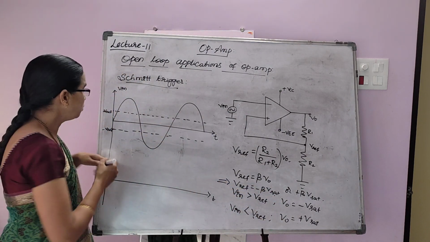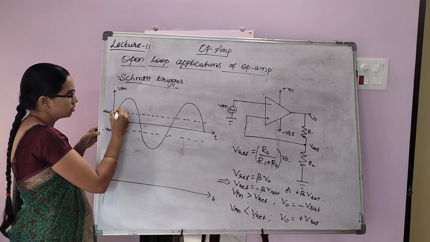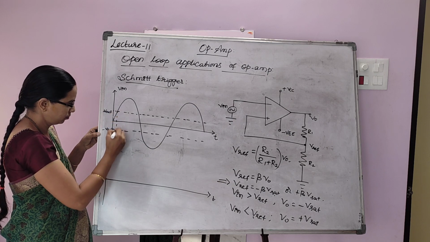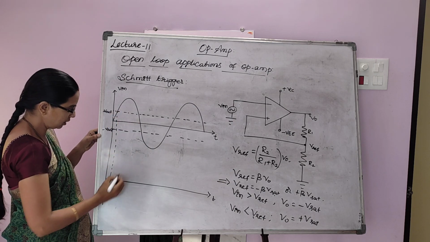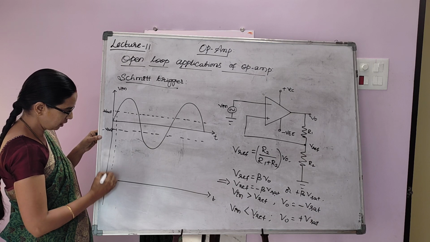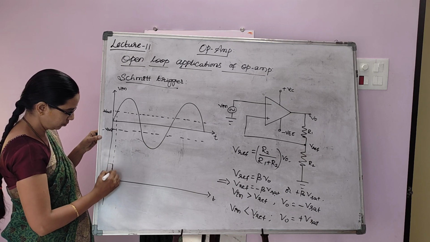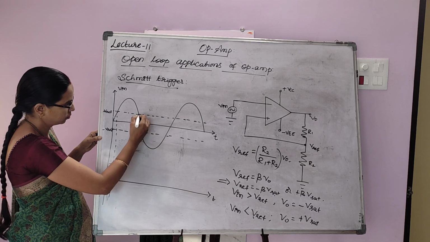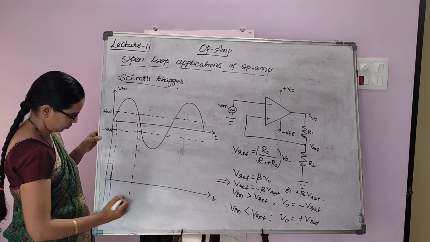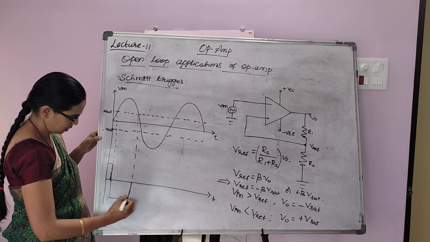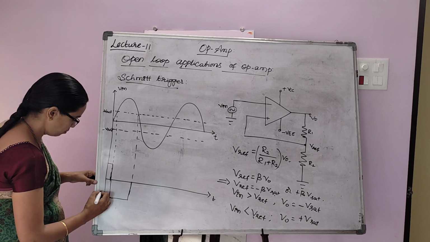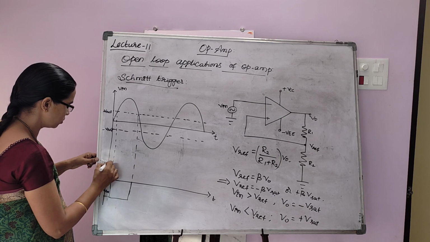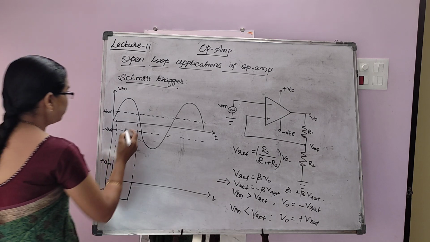Because it will be fluctuating between the positive saturation and negative saturation. So what happens if the input signal crosses this positive V reference, if it is higher than the V reference, then we will get negative saturation, minus V saturation. Otherwise it will be plus V saturation.